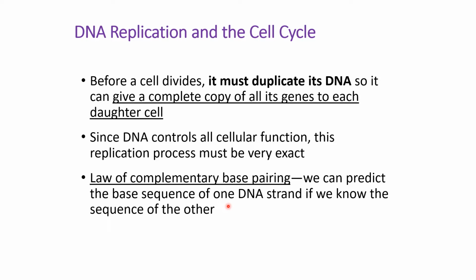Like we talked about with RNA, how RNA makes a copy of DNA, DNA replication follows the same pattern, where we add bases to a growing strand of DNA to make another strand of DNA. We'll see this in pictures, and I think it'll make more sense that way.